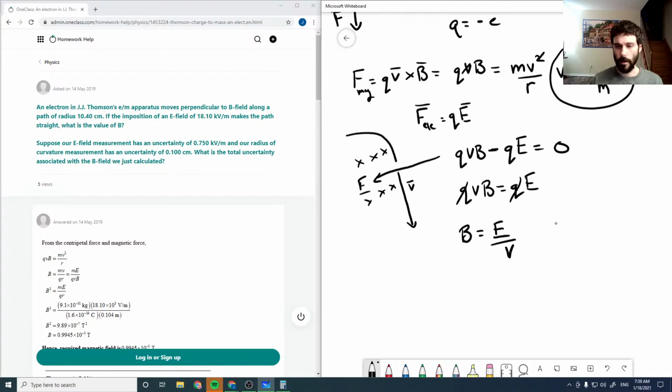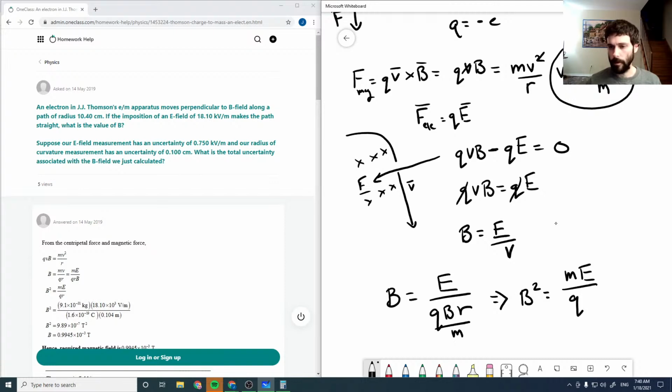And so then our B field is just E over Q, BR over M, which we can bring this B over to this side and say B squared is ME over QR.